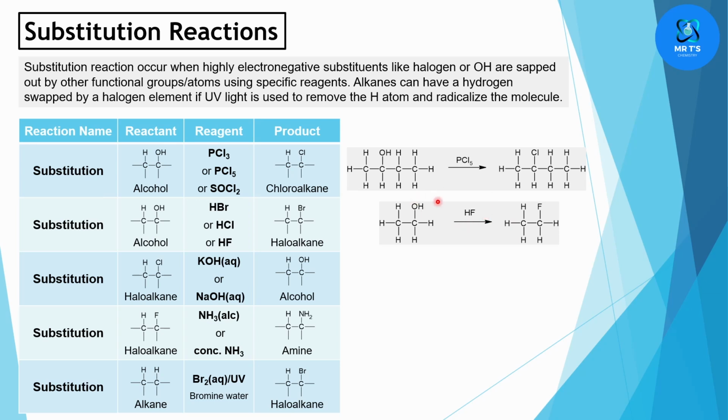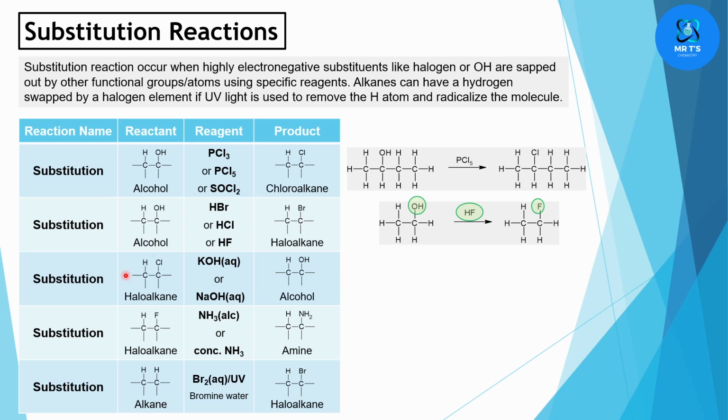It is the fluorine that is going to replace the OH. And we would have an extra product left behind. It would just be water, because the hydrogen and the OH would get together. So we've turned an alcohol into a haloalkane again.